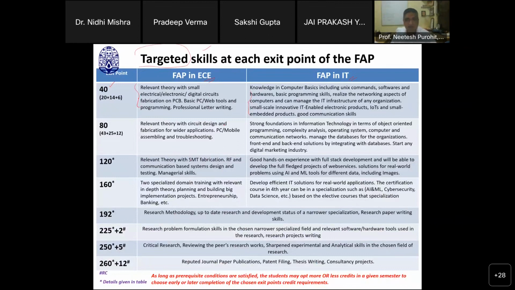So we have done this for the EC students: what are the things that should be known to a person when he is earning 40 credits or 80 credits. So there are options, and different courses are being offered in a particular way, and this is what is required to be offered.